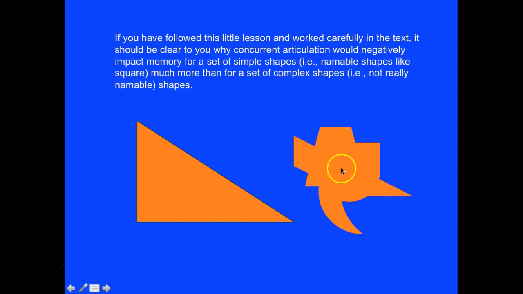But now let's look at this complex shape. How would you be impacted from memory for complex shapes? Well, first of all, let's begin by saying I drew a complicated complex shape. I didn't have to draw such a complicated one. But what I hope you can see is that you can't encode that linguistically very easily. Now, okay, maybe you're very good at visual imagery.